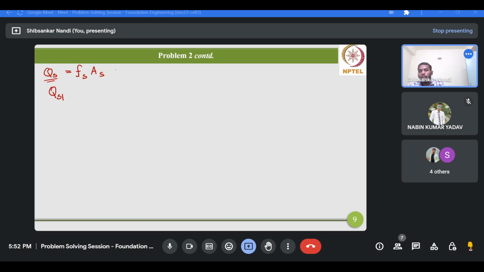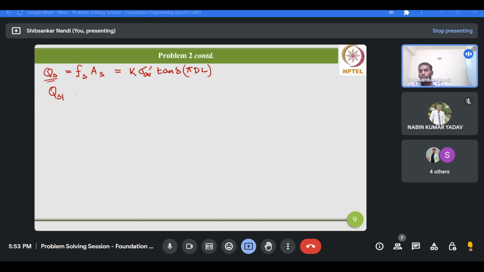This unit skin friction resistance you can calculate from K sigma average prime tan delta. K is the earth pressure coefficient, sigma average prime is the average of the effective overburden pressure, delta is the angle of wall friction, and AS is pi dl, the surface area of the pile.